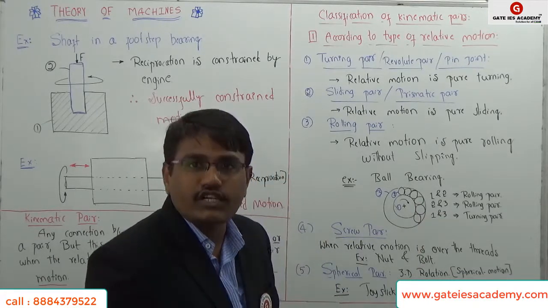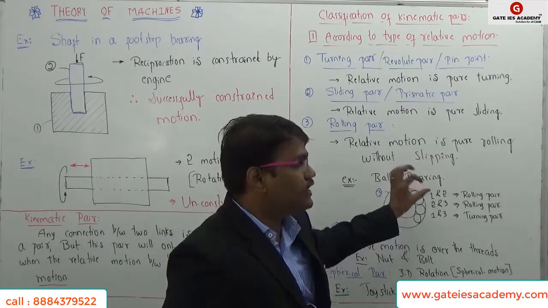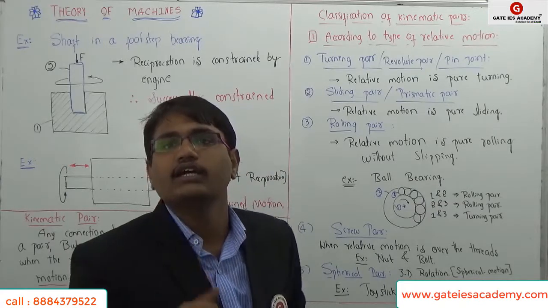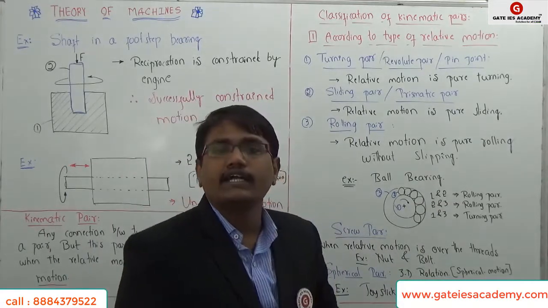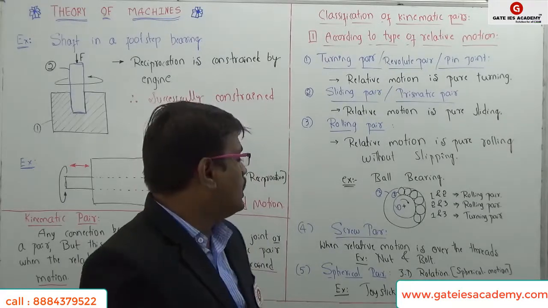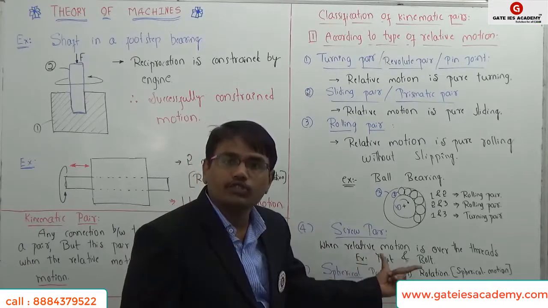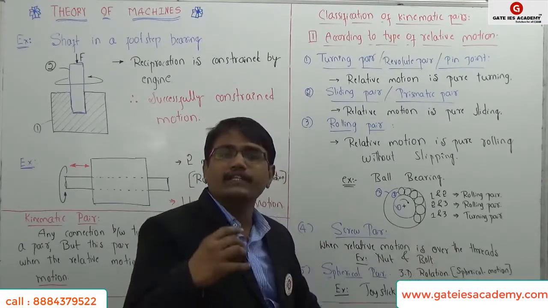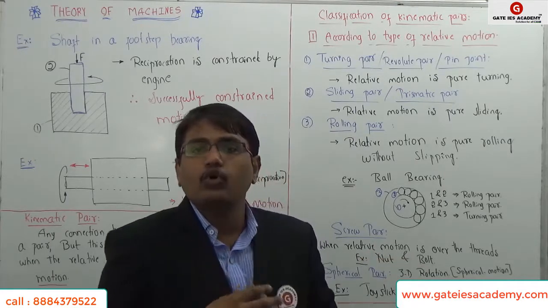And what about the first and third link? The first link is turning inside the third link, that is why 1 and 3 are connected by a turning pair. Now what is a screw pair? It is nothing but when the relative motion is over the threads, just like a nut and bolt arrangement.